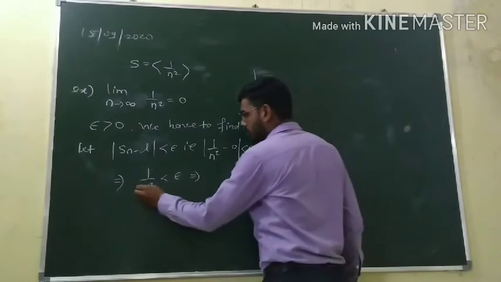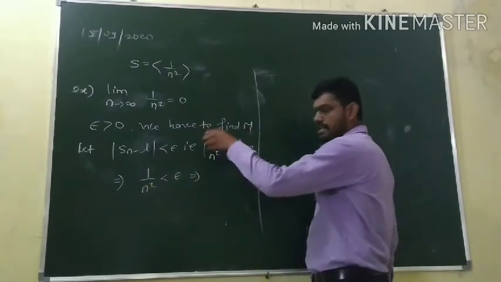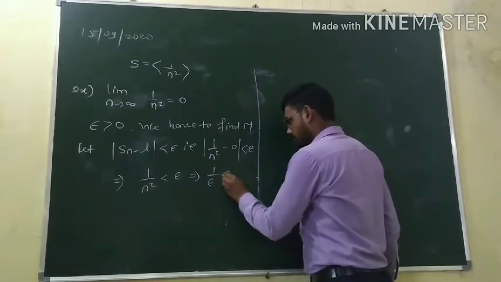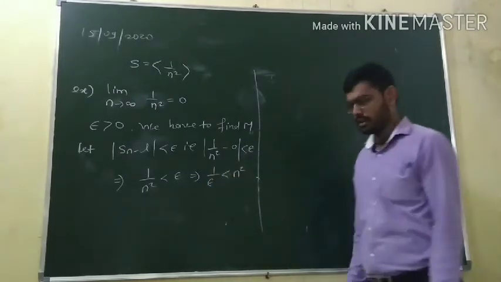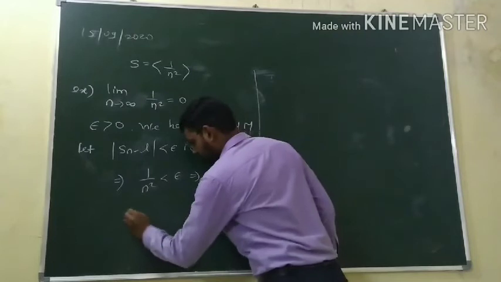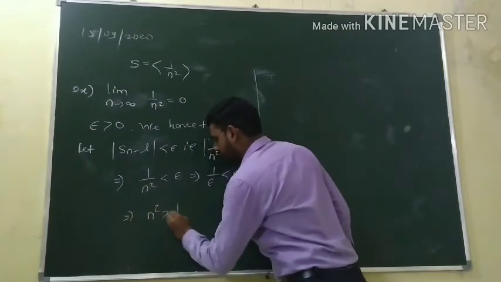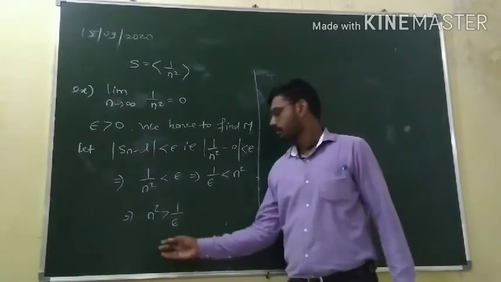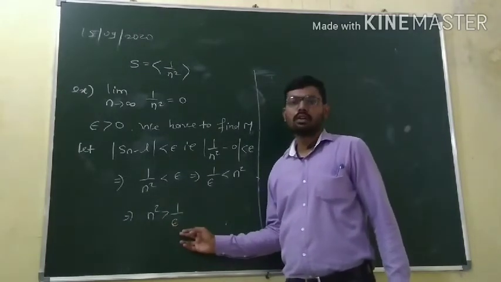Now this implies, transferring epsilon to this side and n square to the other side, that 1 by epsilon is less than n square. That is, n square is greater than 1 by epsilon. Now we will take the positive square root of both sides.